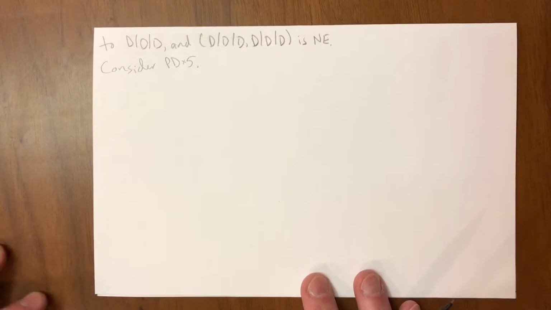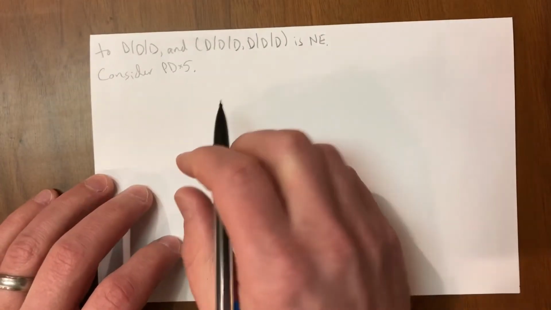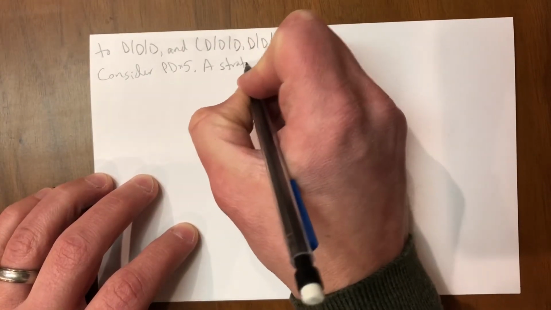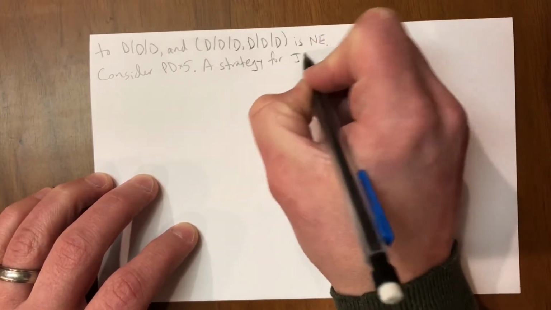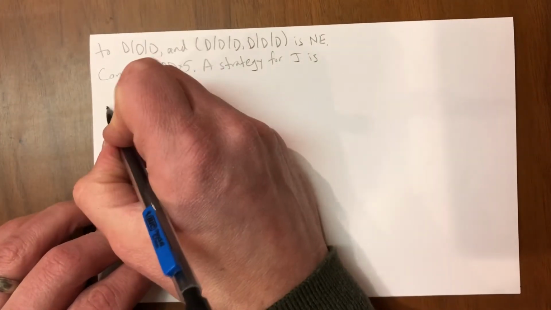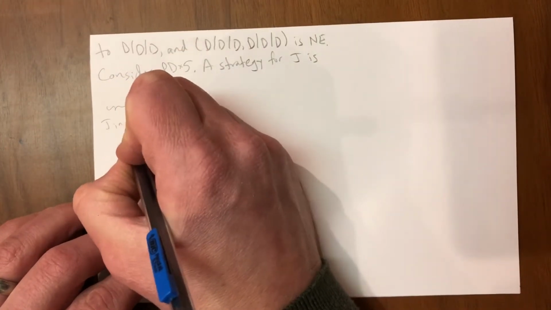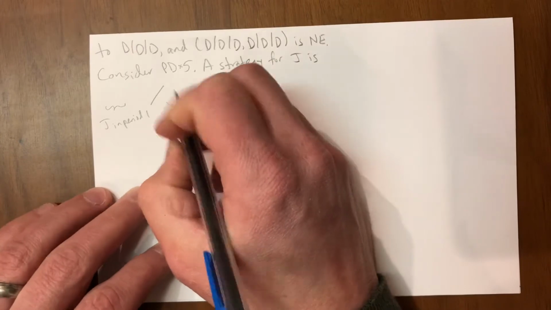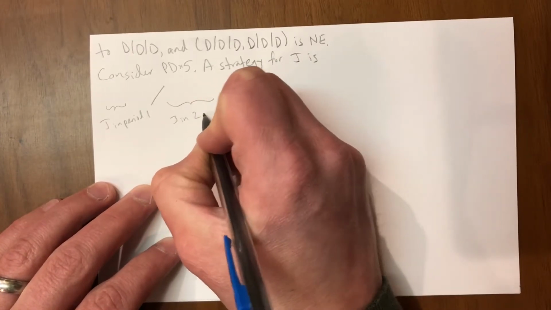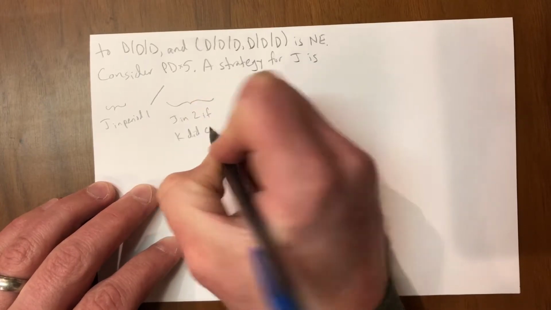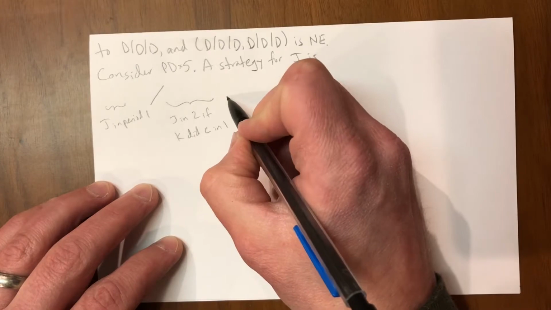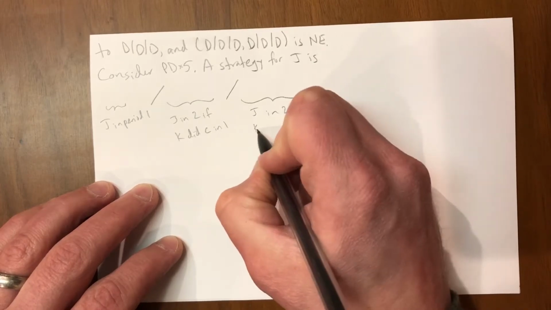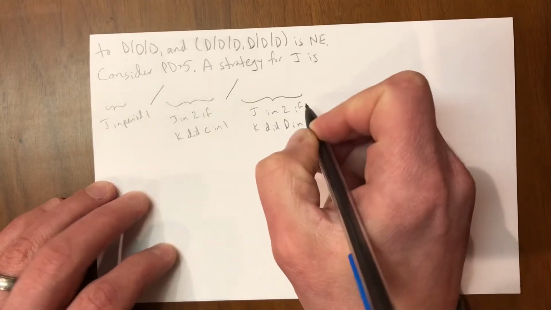Maybe I should write this down. It's probably getting a little bit complicated to listen to. So a strategy for J is: this is J in period 1; J in 2 if K did C in period 1; J in 2 if K did D in period 1.